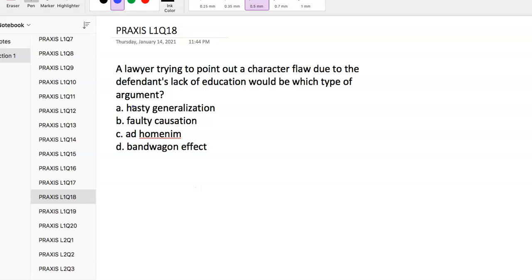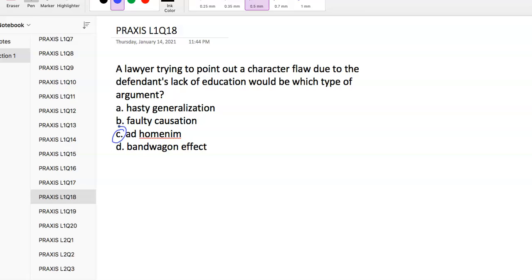So this one is ad hominem, which is based on feelings or prejudice rather than facts, reason, or logic. Okay, that's what ad hominem is. And so again, we're saying character flaw due to lack of education, right? So that's really an unfair generalization, and that's ad hominem.